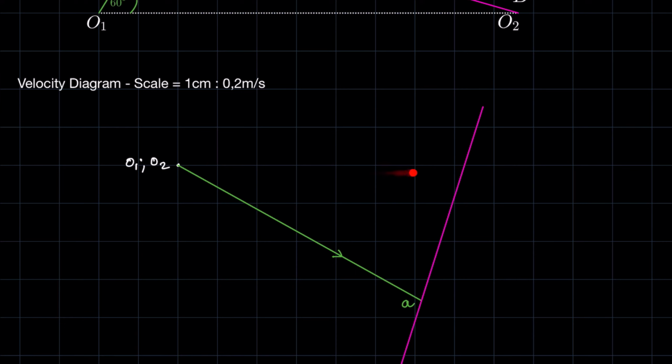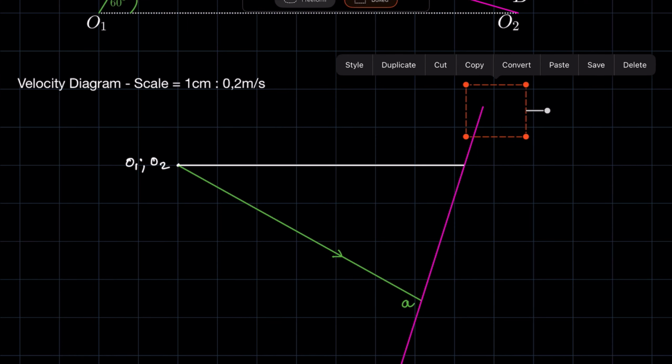So when you draw the line, this is where this line and B meet, meaning B is going to be this point.